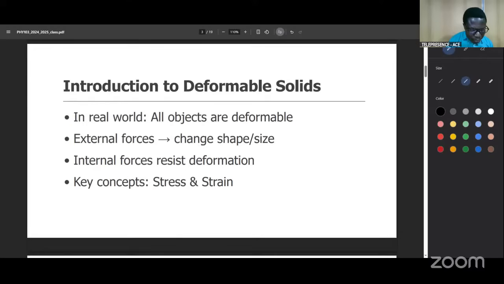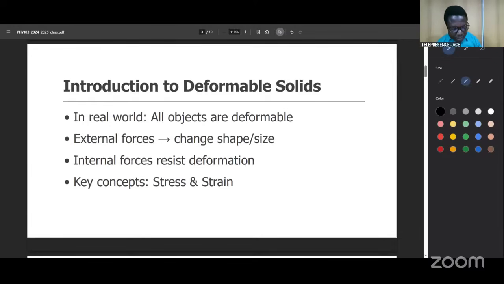Now, the third thing that the internal forces are responsible for is that they determine whether the material fails, fractures, or is permanently deformed. There are times you stretch a thing, and in the course of stretching it will just tear off.